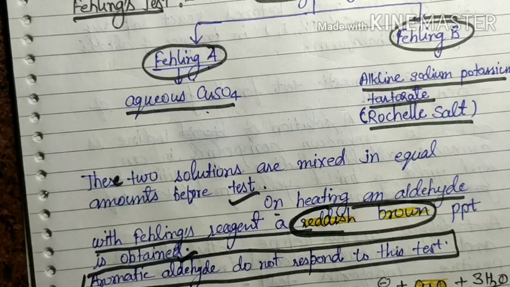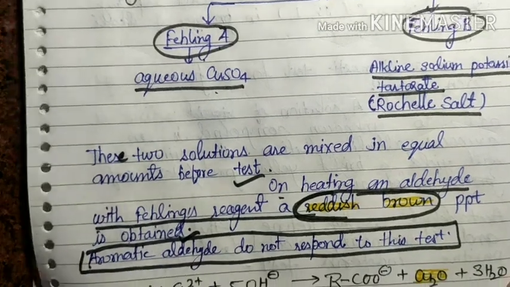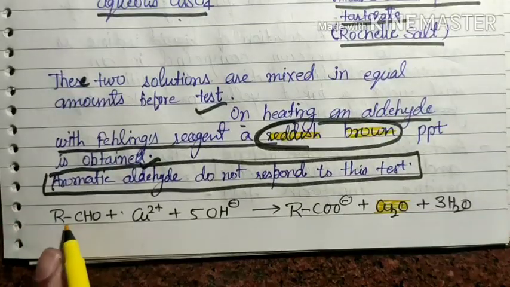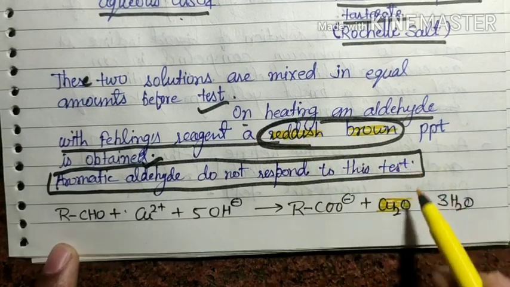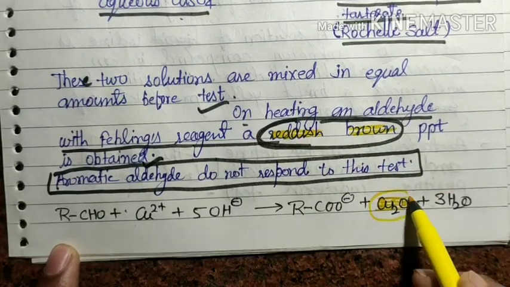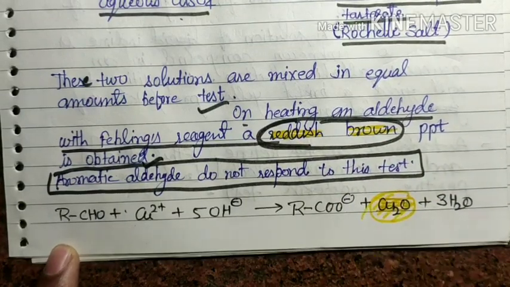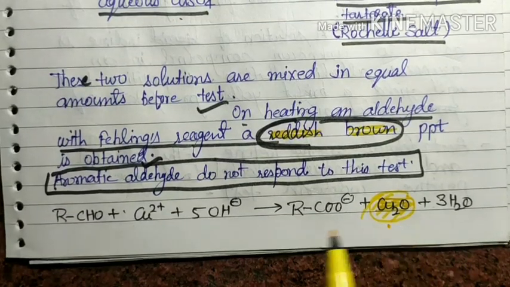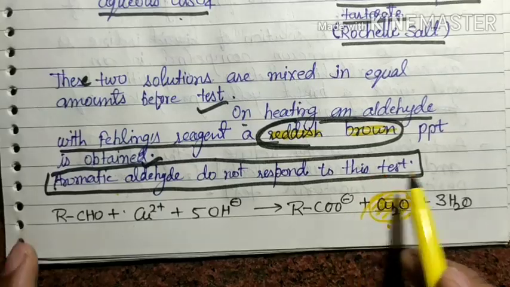So an aldehyde may give this test, but an aromatic aldehyde, that means an aldehyde attached to the benzene ring, does not give this test. The reddish brown precipitate is due to the formation of Cu2O. Clear? So this reddish brown precipitate is Cu2O, and aromatic aldehydes do not respond to this test.